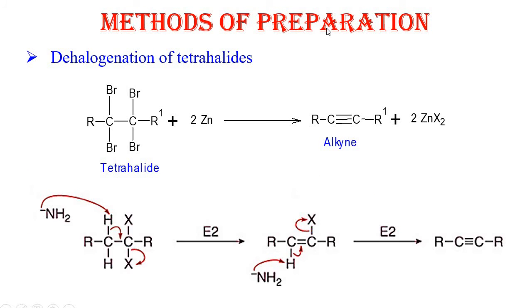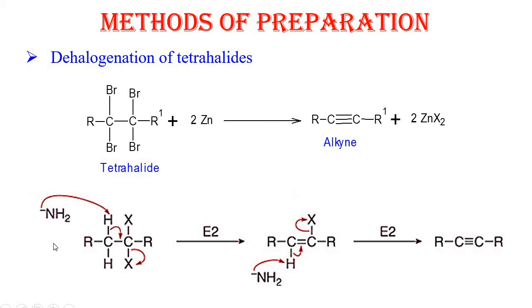Next method is dehalogenation of tetrahalides. Tetrahalides means molecules containing four halogens, and dehalogenation means removal of halogens. So when a tetrahalide is treated with zinc, loss of zinc bromide takes place, and we get alkynes.